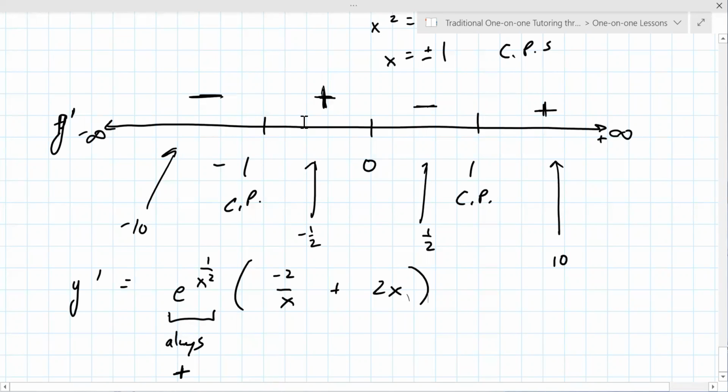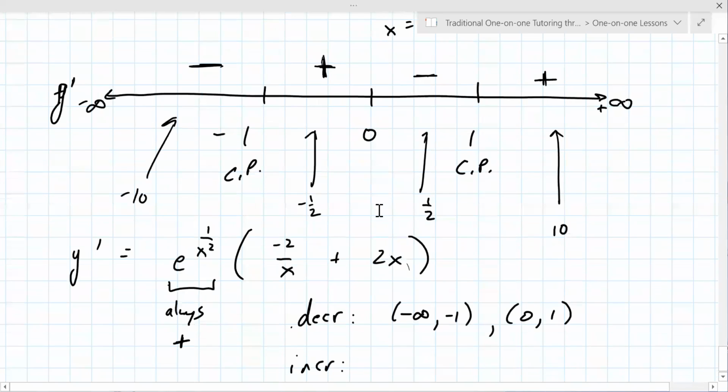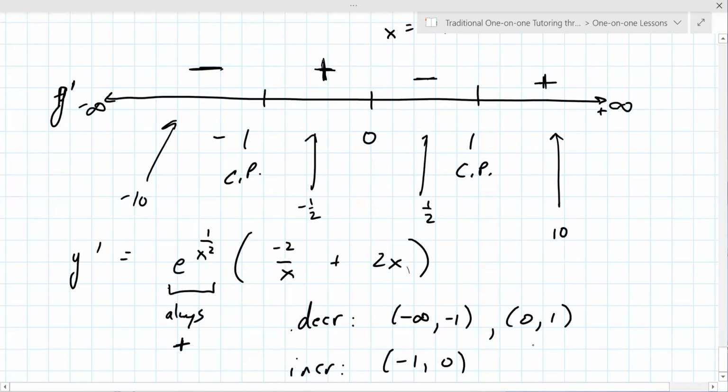So it's decreasing. Maybe we can summarize this. It's decreasing from minus infinity to -1, and from 0 to 1. And then it's increasing from -1 to 0 and 1 to infinity.